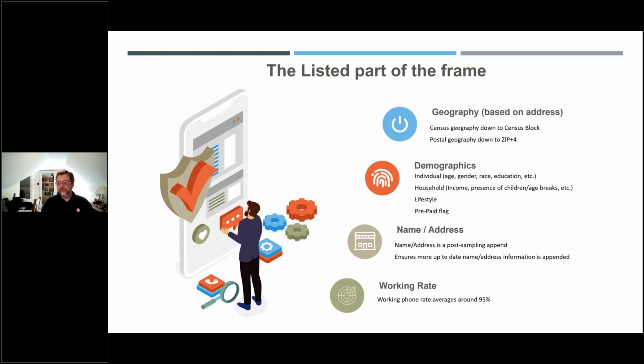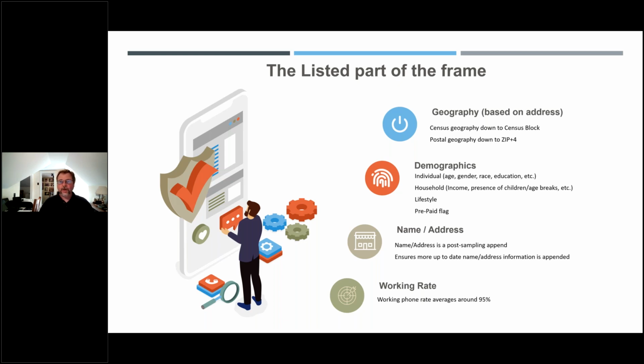primarily to ensure that the most up-to-date name and address information is appended to that cell phone that we ultimately sell to you guys. Because you've got to remember, databases become static, people change. There's always a lag between updates and all this. So it's kind of a fluid environment in terms of linking cell phones to names and addresses.